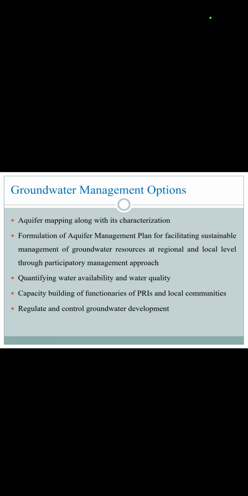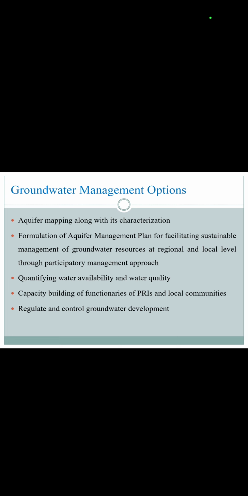It is important that we map our aquifers, looking into the subsurface hydrological setup. Formulation of an aquifer management plan is important for facilitating sustainable management of groundwater at both the regional and local level. And this has to be done through community involvement, which means a participatory management approach.